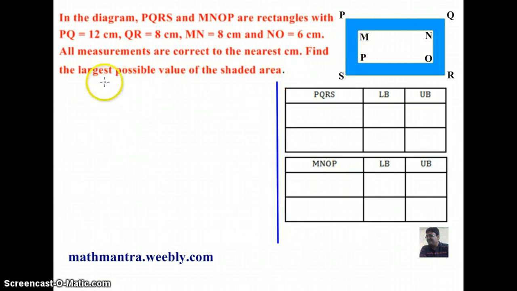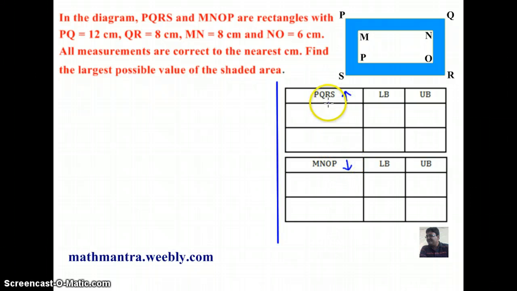And in order to find out the largest possible value of the shaded region, we need to find the maximum possible area of PQRS and the minimum possible value of the area of MNOP.